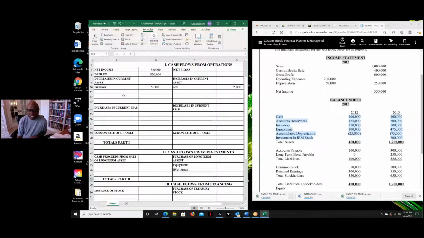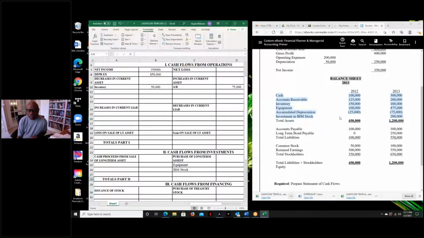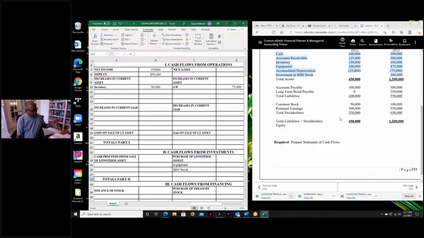All right, let's look at accounts payable. Where is that gonna go? Accounts payable, that's part 2, right? No. It's a current liability most times. Well, that will go over here.